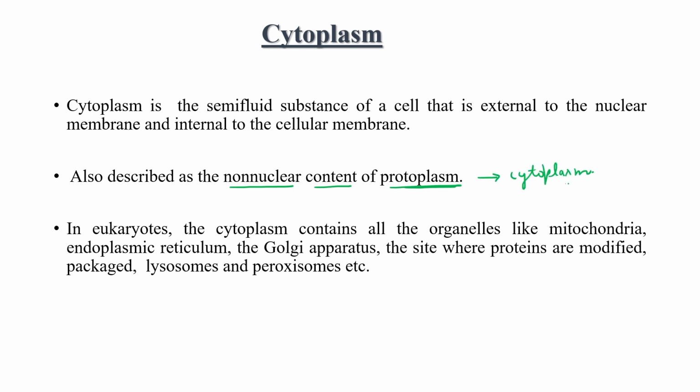So in eukaryotes, the cytoplasm contains all the organelles like mitochondria, endoplasmic reticulum, Golgi complex, and all other kinds of organelles are present inside the cytoplasm.